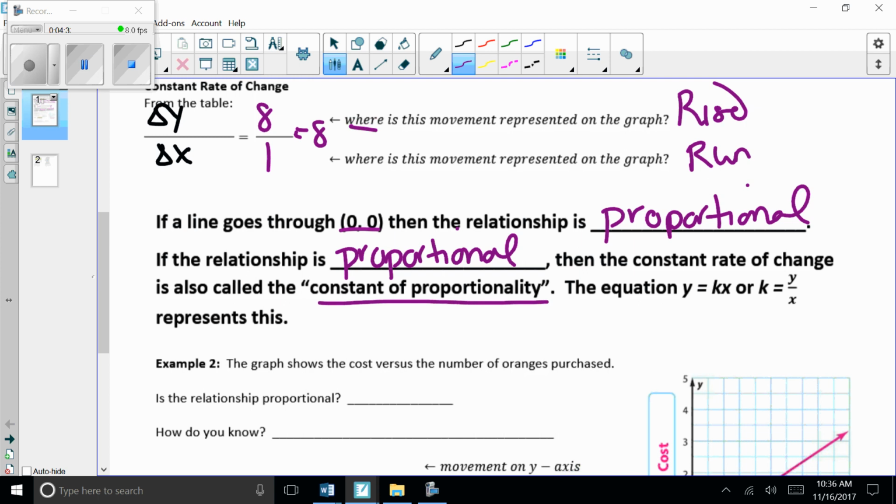Okay, so far we've got rate of change, we've used change of y over change of x, you just heard about rise over run, and now we're adding a fourth one in, which is constant of proportionality. And that means that it is going to be the k, and we find the k by doing the y over the x, which is the change of y over change of x. So this is going to be your k. This is the 8 that we just did in that example up there in our equation, because the 8 was the rate of change.